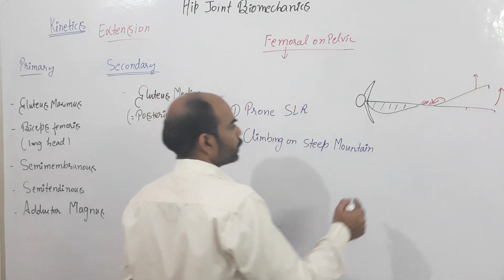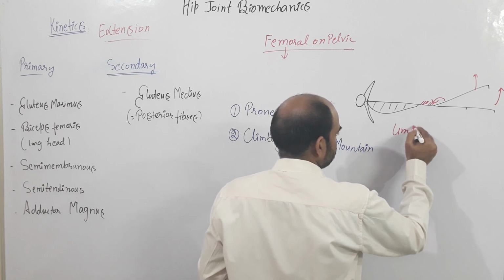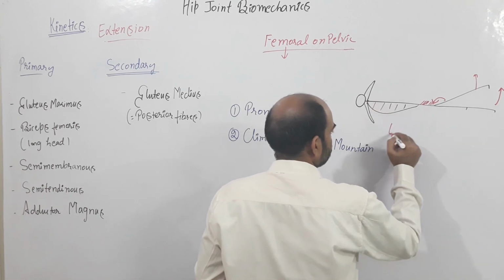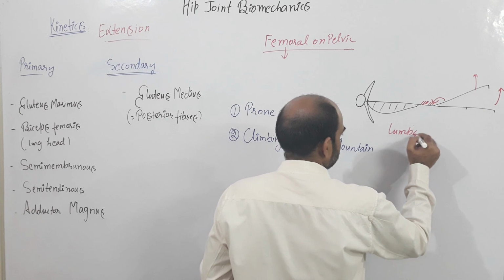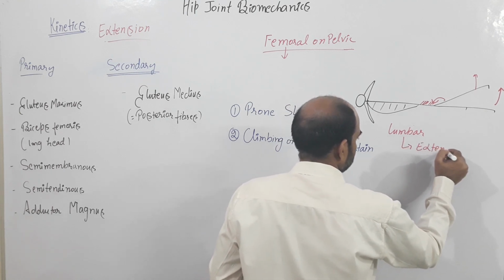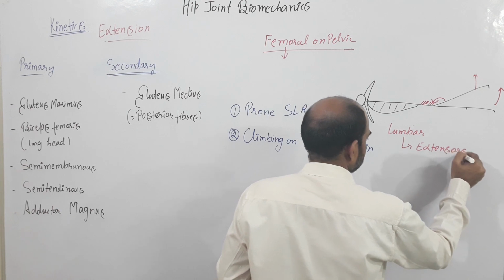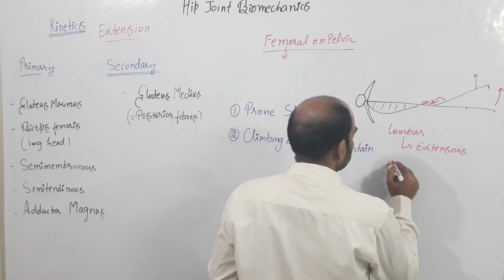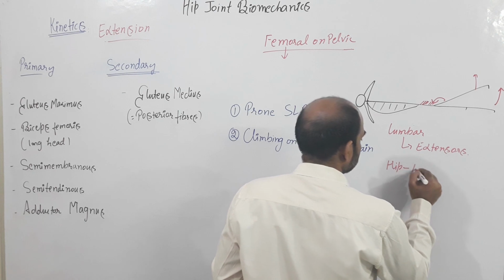So two muscle groups work: the lumbar extensors and the hip extensors.